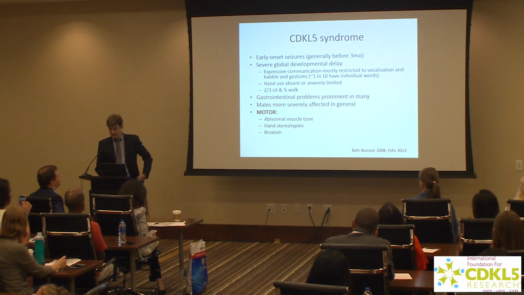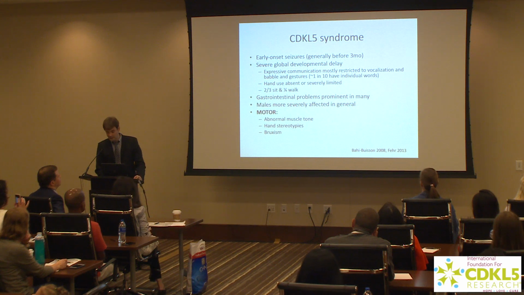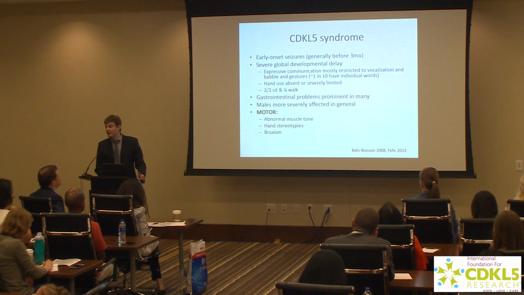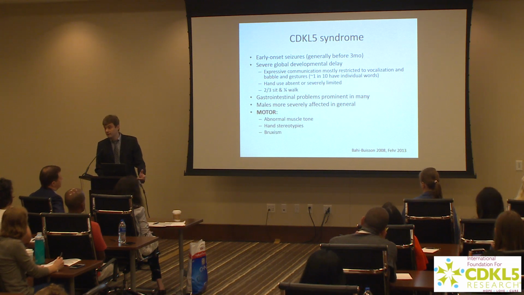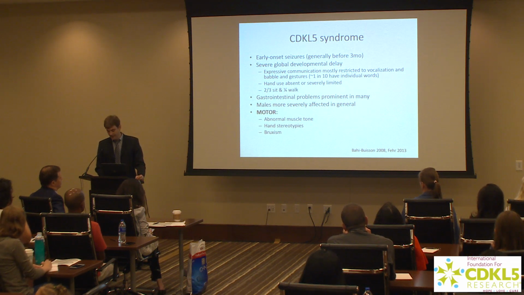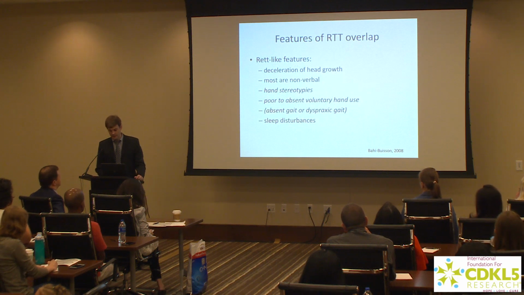So CDKL5 syndrome is really characterized by early onset seizures, severe global developmental delay, GI problems, the fact that males tend to be more severely affected, and then motor problems as well, in that almost all have hand stereotypies, there's abnormality of muscle tone, there's severe hypotonia in infancy, and bruxism is very commonly encountered as well.